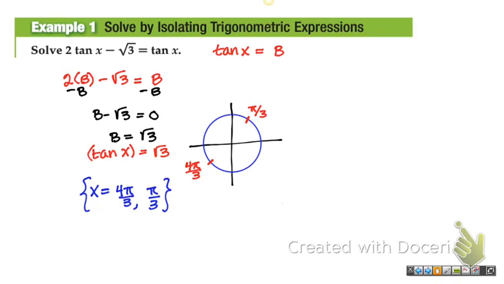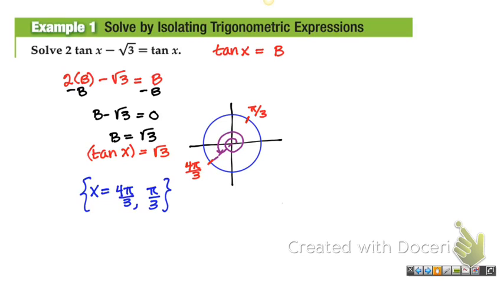One where the tangent of x is in the first quadrant, and one where the tangent of x is in the third quadrant. Not only do these two answers satisfy this equation, but all answers that are coterminal with 4 pi over 3 do as well. In other words, I could have spun all the way around and then gone to 4 pi over 3.